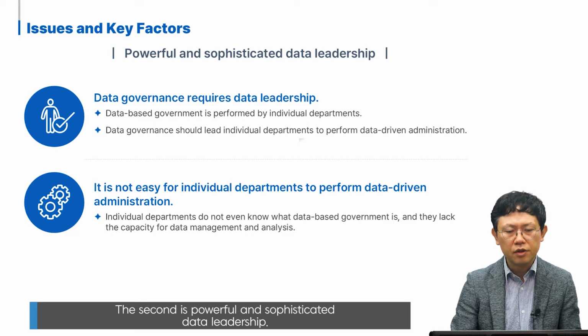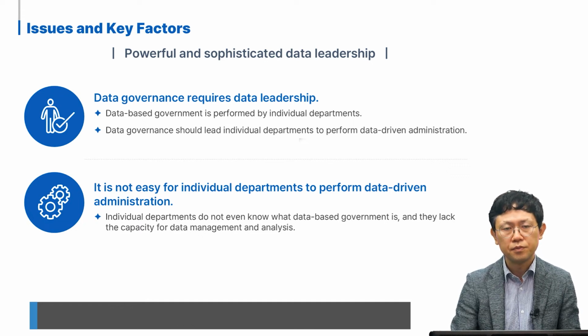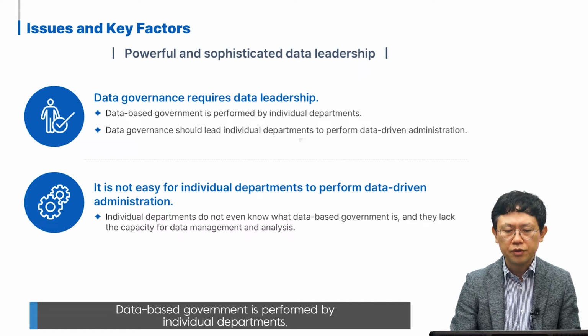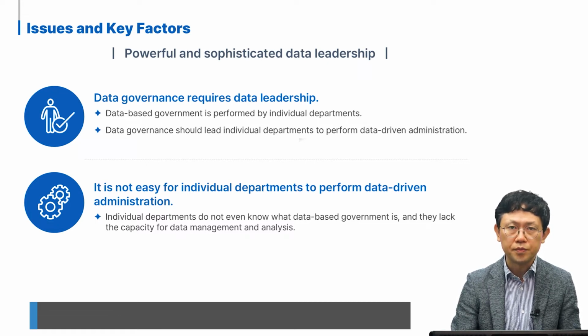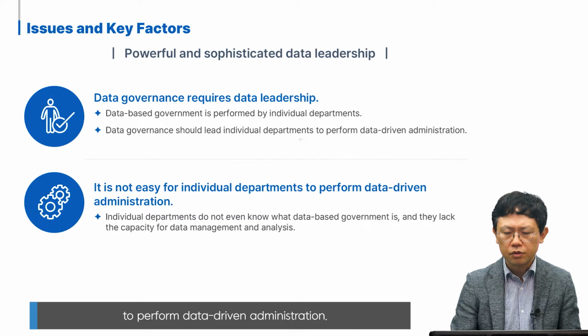The second is powerful and sophisticated data leadership. Data governance requires data leadership. Data-based government is performed by individual departments. Data governance should lead individual departments to perform data-driven administration.